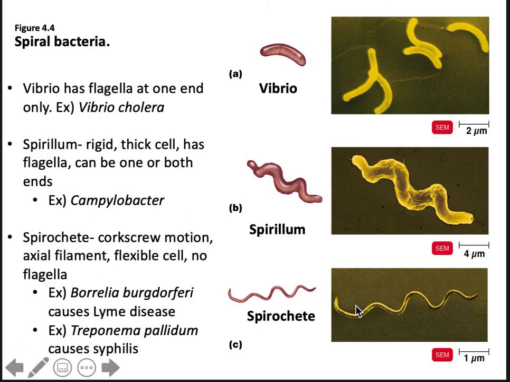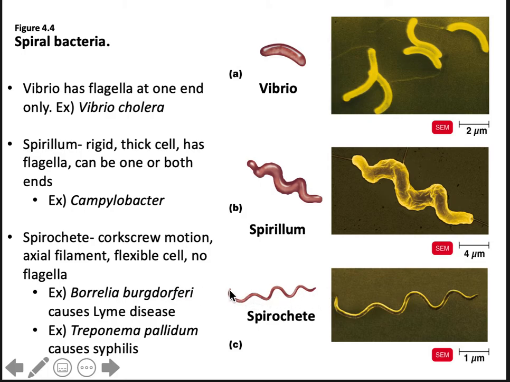Okay, a spirochete is a very thin spiral bacteria, and it moves in a corkscrew motion. So it looks very different from a spirillum. Okay, you would not confuse these two. These don't have flagella that stick out on the ends.